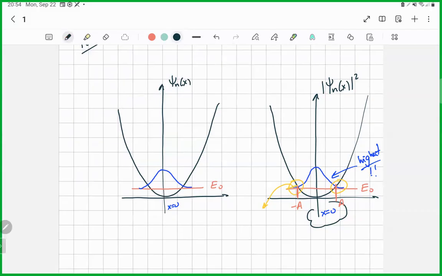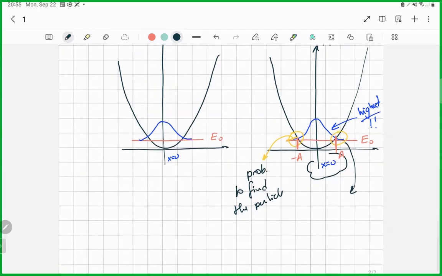There is a probability to find the particle beyond these extremes, this amplitude for the classical harmonic oscillator. So there is a probability to find the particle in the classically forbidden region. And we'll never find this particle there classically. But in quantum mechanics, we can find it.